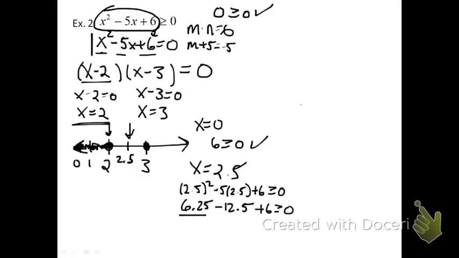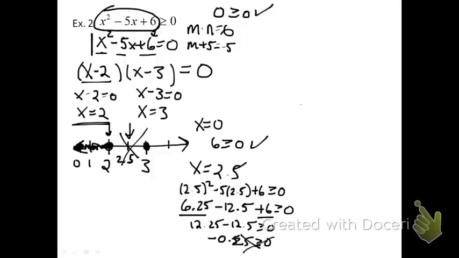If you add 6.25 to 6, that's 12.25. Then we have to take away 12.5, and that's going to be a negative 0.25, which is not bigger than 0. It's a negative number, so that's false. So that tells me we do not want to pick any of these decimals in between 2 and 3.